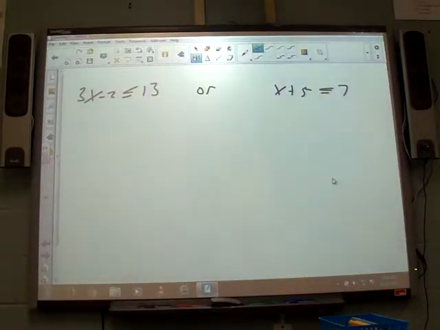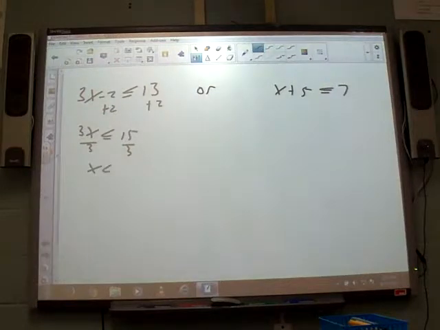We're adding 2, so we get 3x is less than or equal to 15, divided by 3. Everybody okay there? Just one step on the one on the right. It's an easy one. Subtract 5.